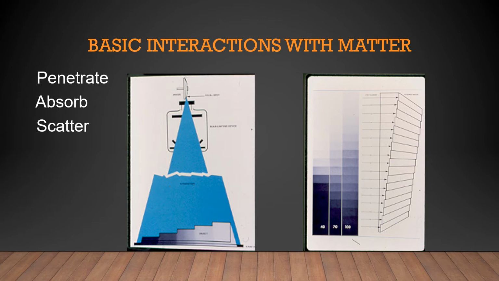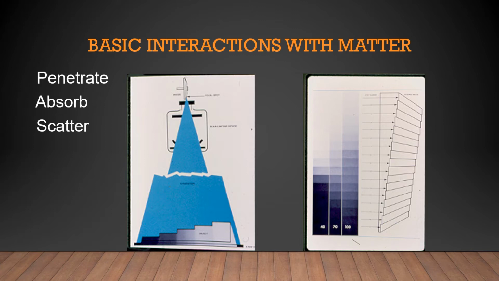Now when we're looking at the term absorb, absorb means to soak up. Absorption is an all or none condition for X-ray interaction. When X-rays are absorbed in the body, their energy is scattered or converted into new scatter X-rays. And what is scatter? It's when you throw something in various directions.